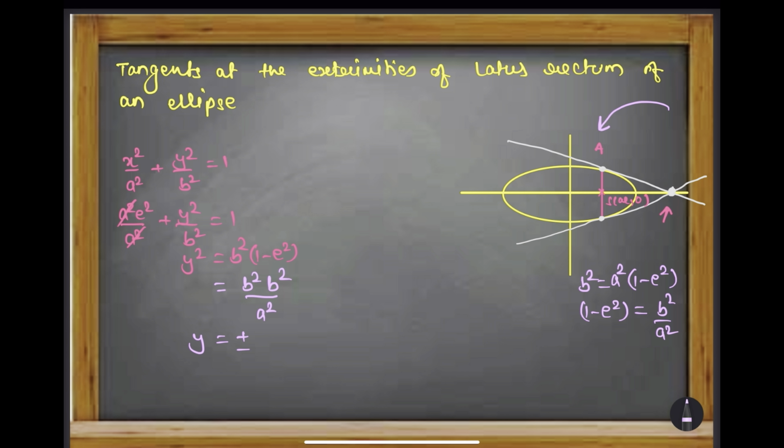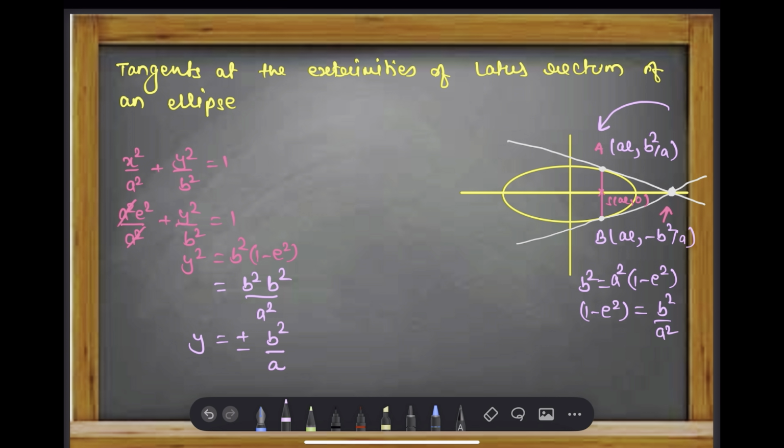Plus or minus b square by a. Just tell me, right or wrong. So this point will become (ae, b square by a). Point B will become (ae, minus b square by a). I hope till this part you guys are okay.